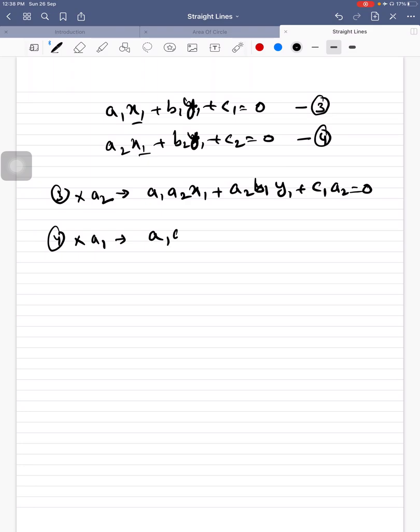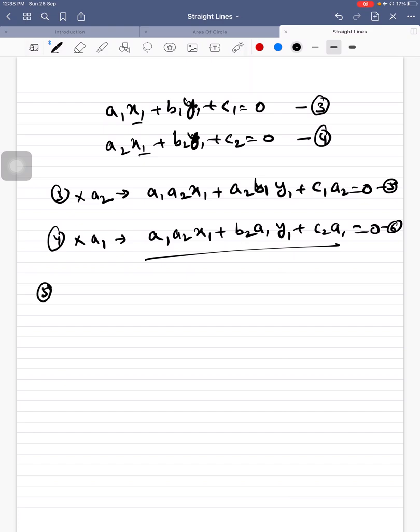We get a1 a2 x1 plus b2 a1 y1 plus c2 a1 equal to 0. Let these be 5 and 6. Now subtract: equation 5 minus 6. The a1 a2 x1 terms cancel each other.